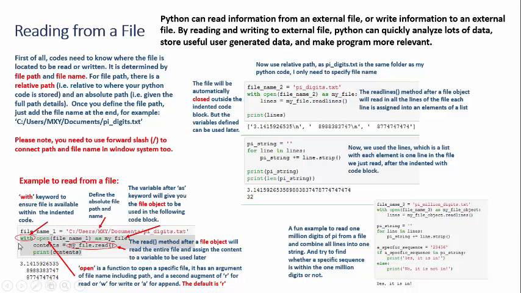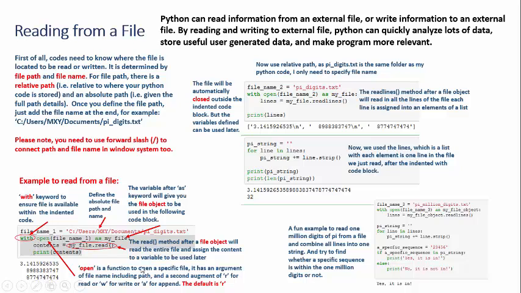To read in a file, we need to define a file object. To define a file object, we use with, the keyword to ensure the file is available. The file object will be available in the indented code below.